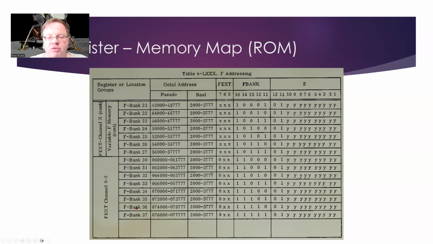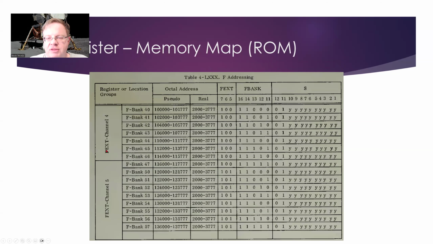And as the program continued and they realized they needed a bit more ROM to store all the program, they would shoehorn in this FEXT register of 3 bits to provide not only basic banking through the F bank register, but also a whole additional set of banks that could be added in order to provide more storage for additional programming.